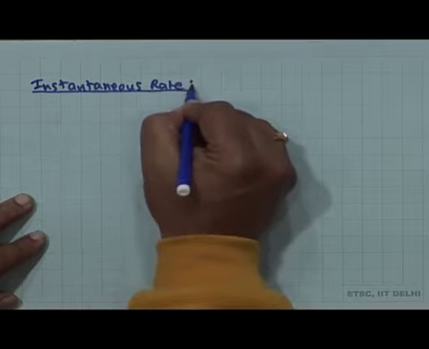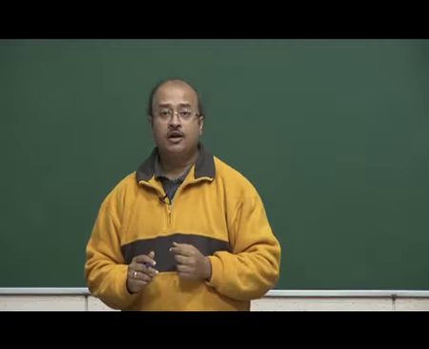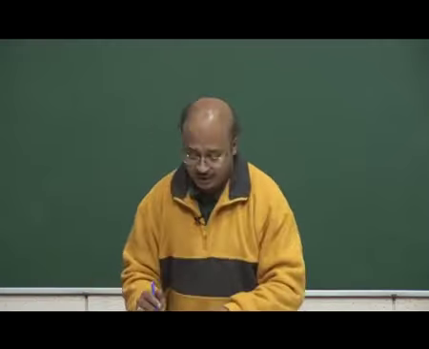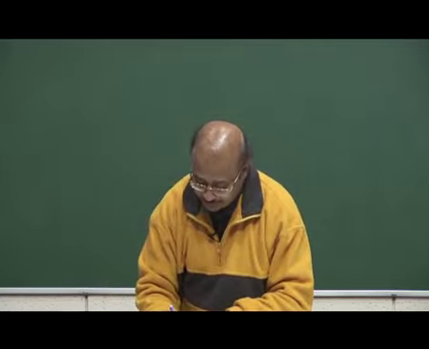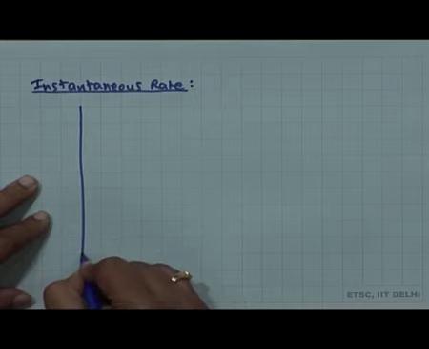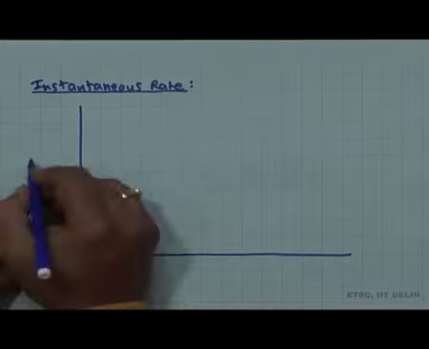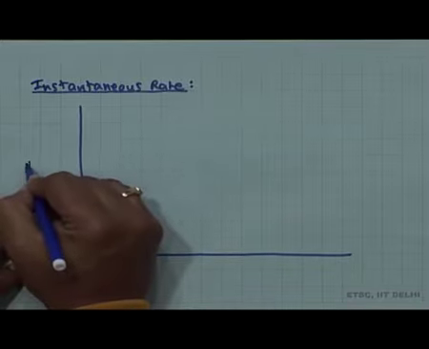We are talking about instantaneous rate. Again, let us look at a similar curve, where the reactant concentration is decreasing as a function of time. So, let me have a curve like this. Again, same labels.